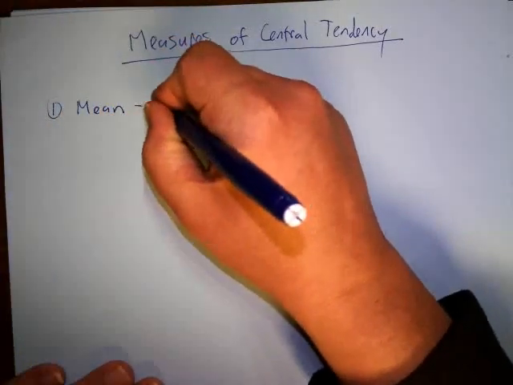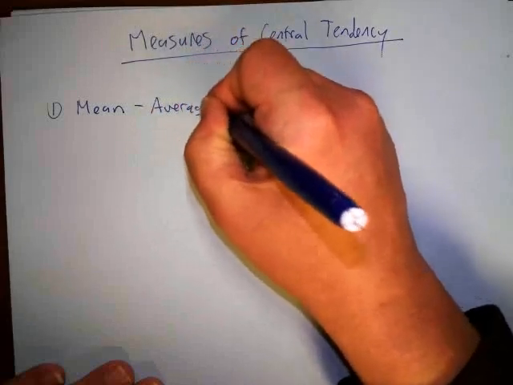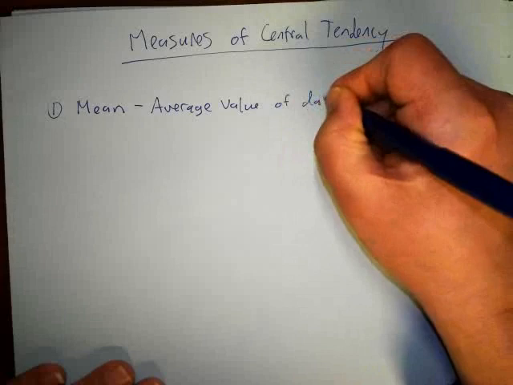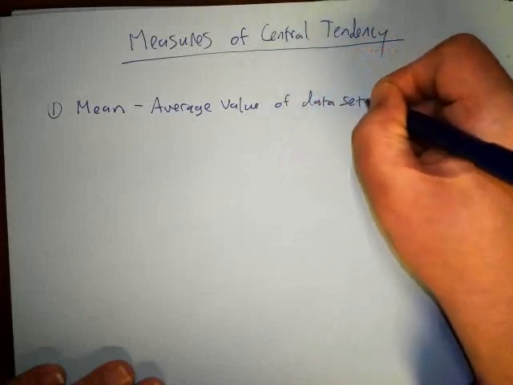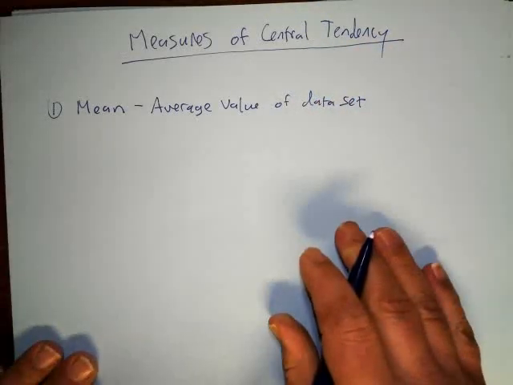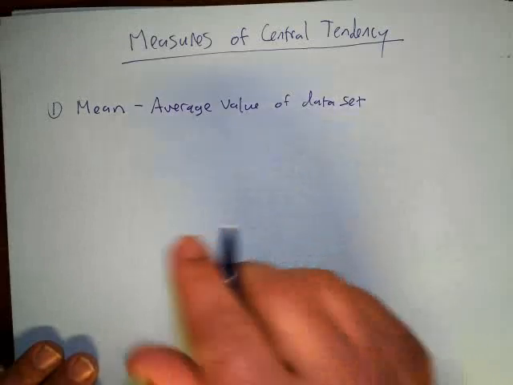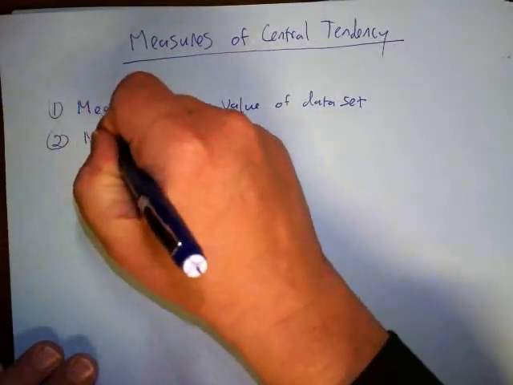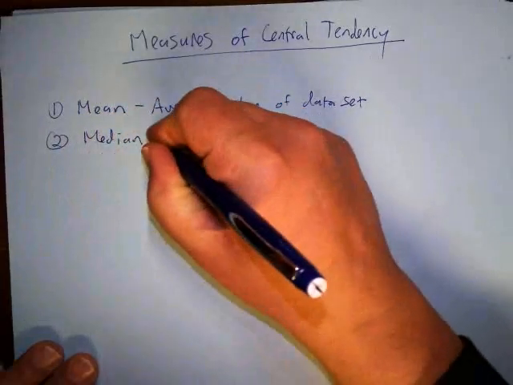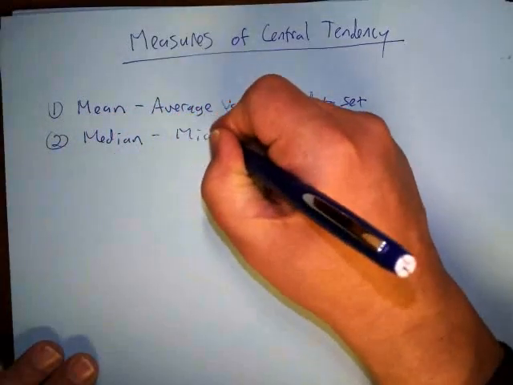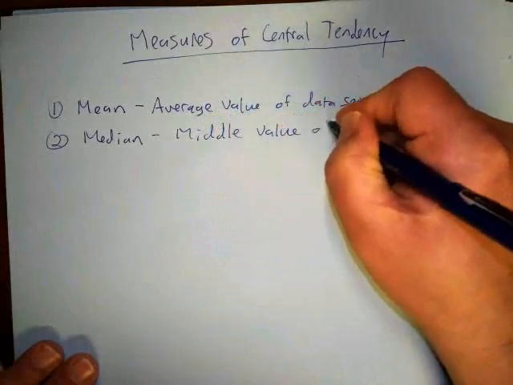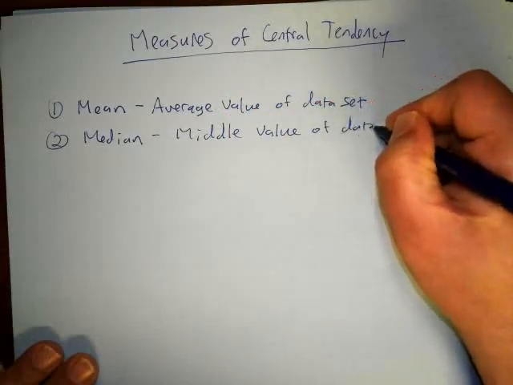Okay, this is the average value of the data set. The second one is the median. This is the middle value of the data set.